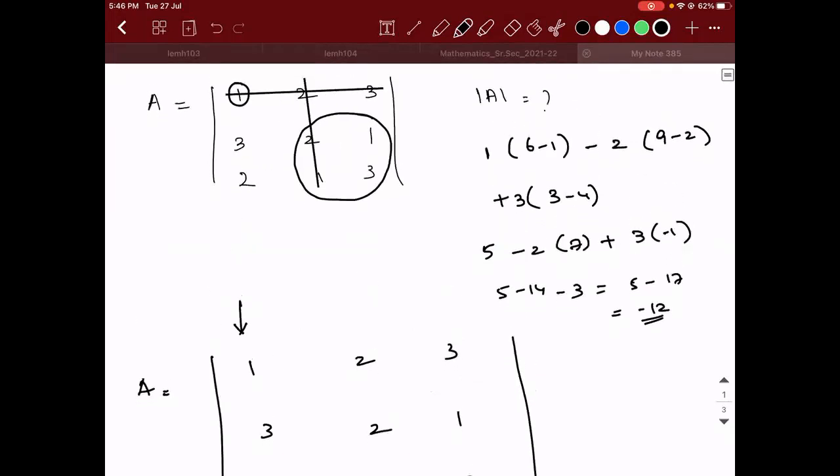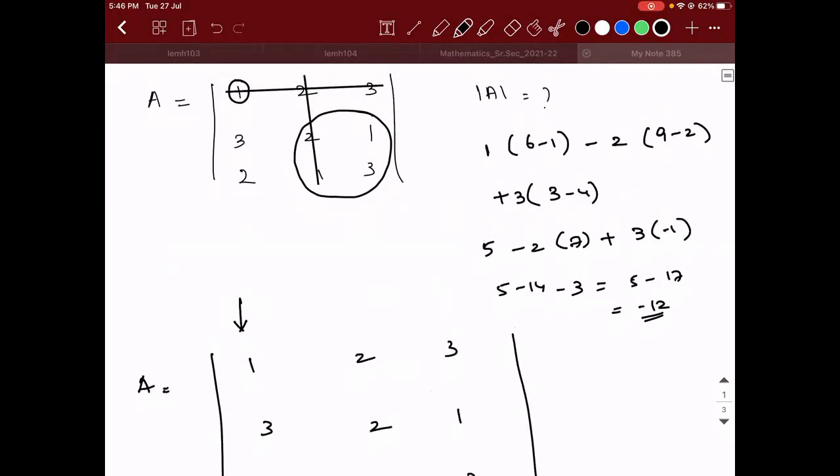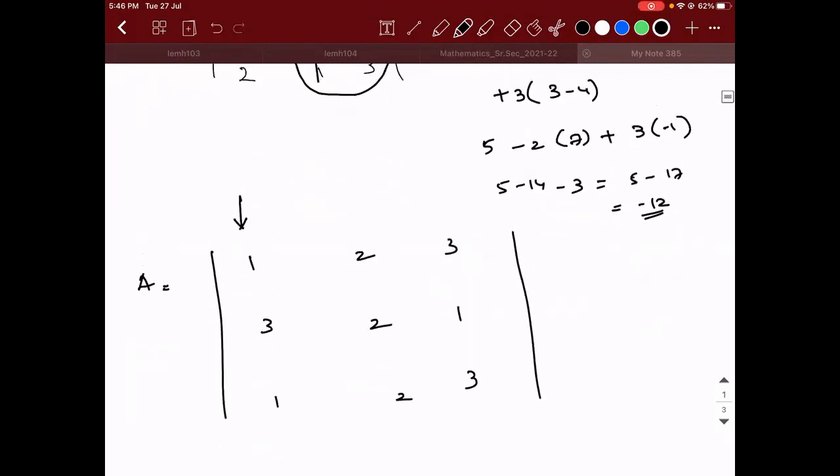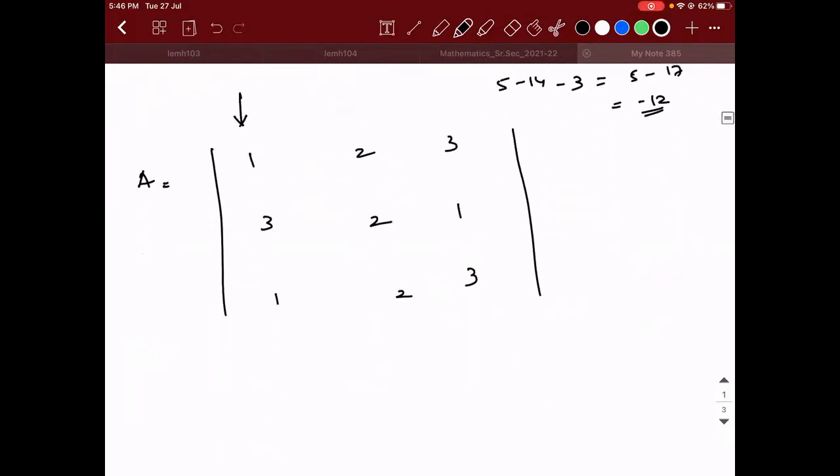What I mean by base is, you multiplied the first element of the first row with the determinant of the numbers which you get by hiding the corresponding row and the corresponding column, and you put the next number 2 with a minus sign. Then you found the determinant by hiding the corresponding row and corresponding column, right? If I ask you to take these 1, 3, 1 as reference, how will you do it?